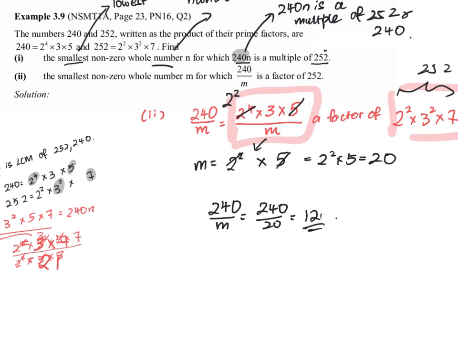You can see that 12 is a factor of 252, and this works because we use our m to get rid of the 2 power 2 and the 5. Okay, thank you.